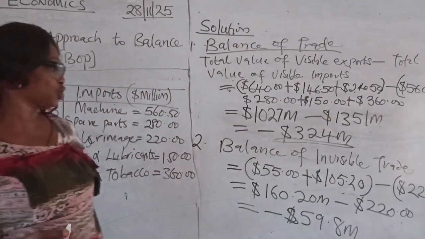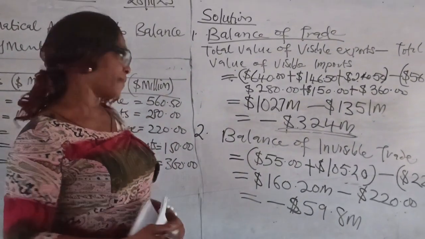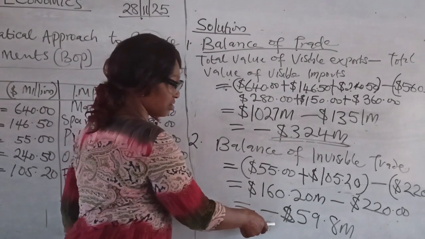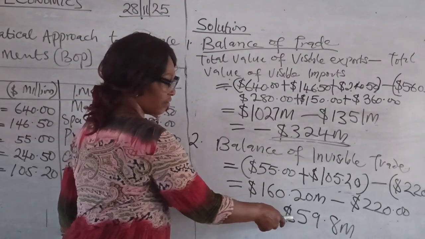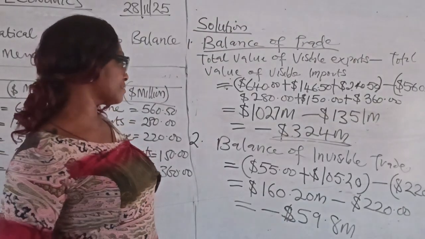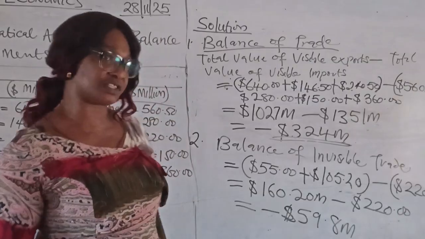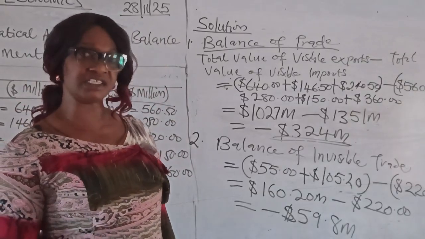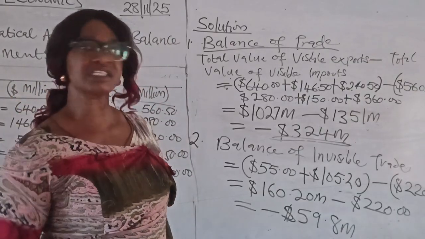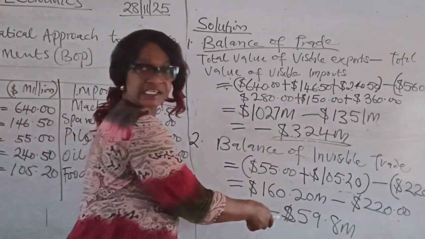That's our invisible trade. We are still unfavorable. Minus $59.8 million. That is to say that our import services is more than our export services to other countries of the world. We are still indebted.